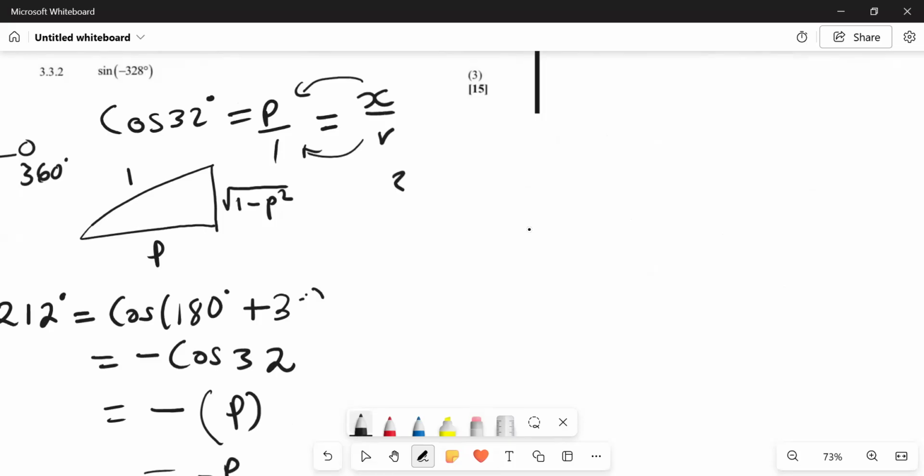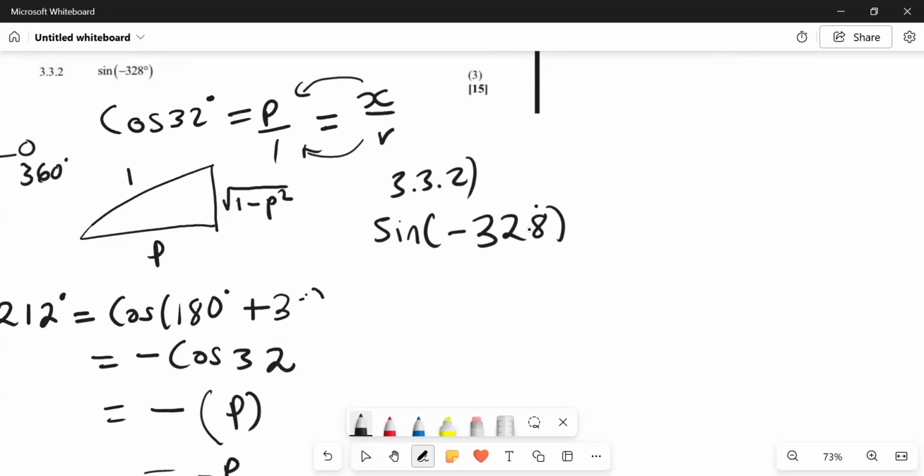You are given your sine of negative 328. Okay, 328 lies in quadrant number 4. What happens there? We have to say 360 minus an angle.